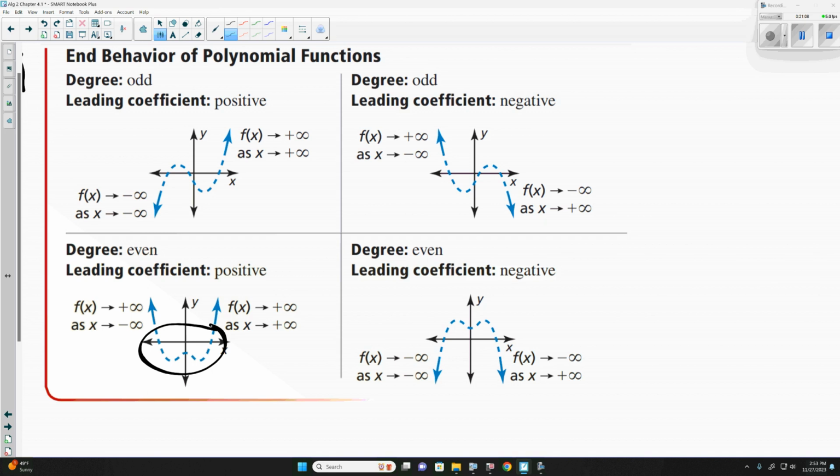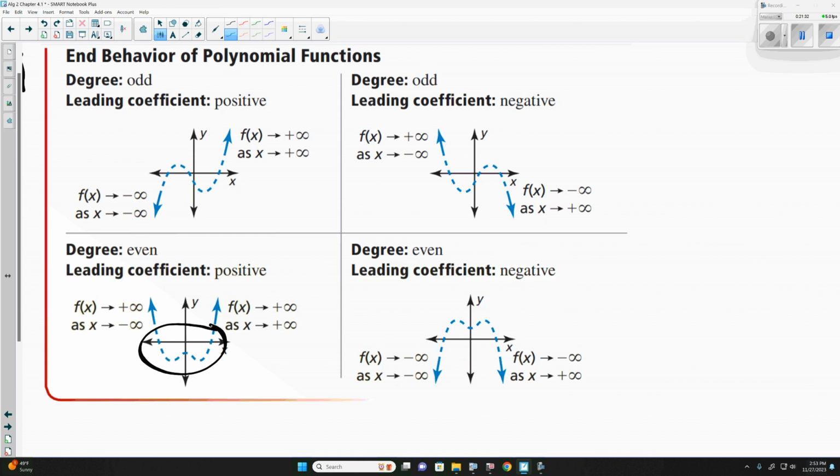Odd degrees, they're going to go in opposite directions. One's going to be going up, the other is going down. So odd and positive is saying that f of x is going to approach positive infinity as x approaches positive infinity, and f of x approaches negative infinity as x approaches negative infinity.